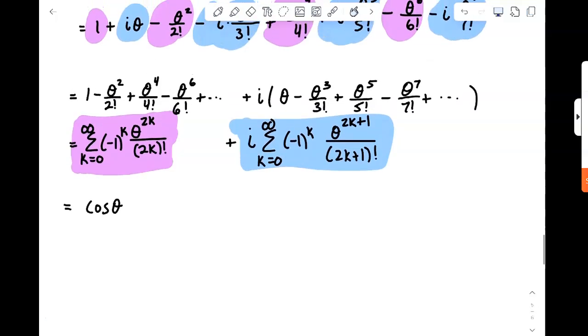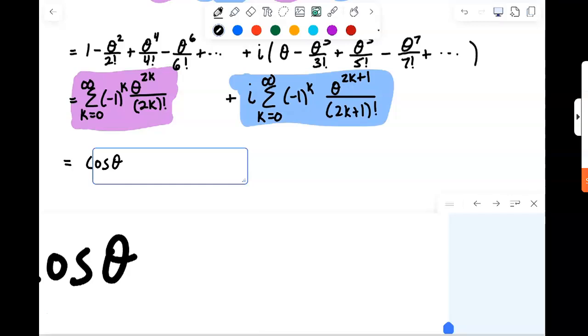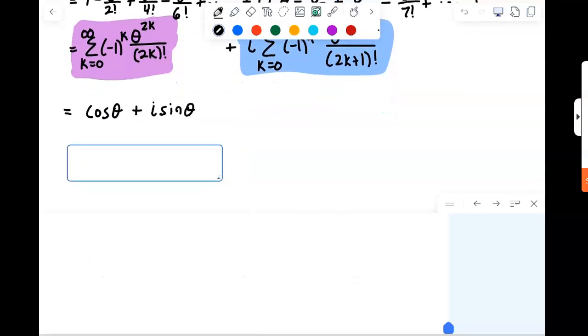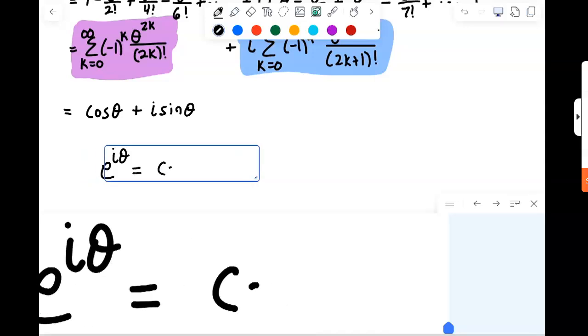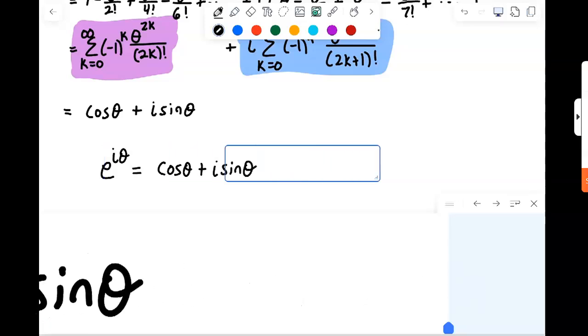And so therefore, we have this amazing result, that e to the i theta is equal to the cosine of theta plus i sine of theta. This beautiful, beautiful result.